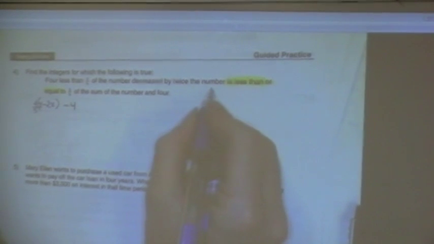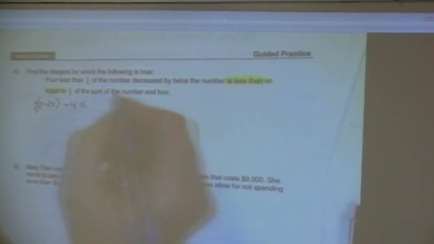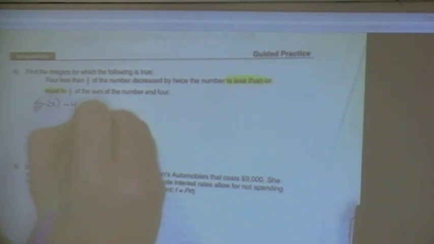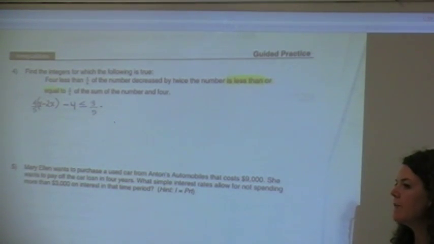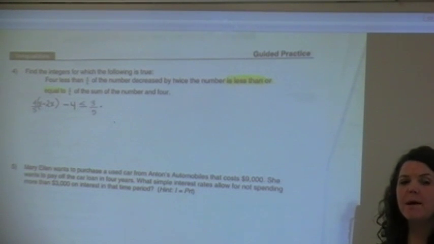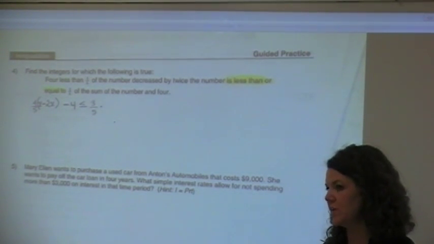Is less than or equal to 3/5. Of means multiply. The sum of the number and 4. Now, what does the word sum mean? It means an addition problem. It actually means the answer to an addition problem.